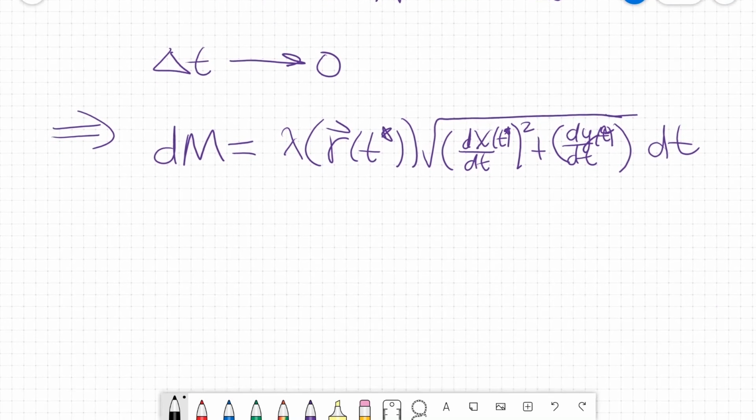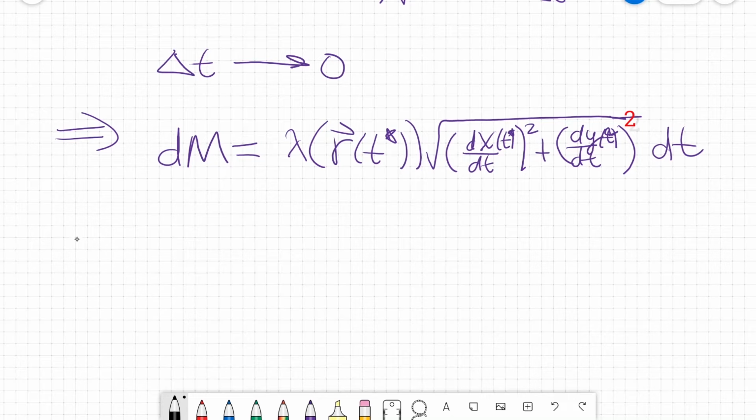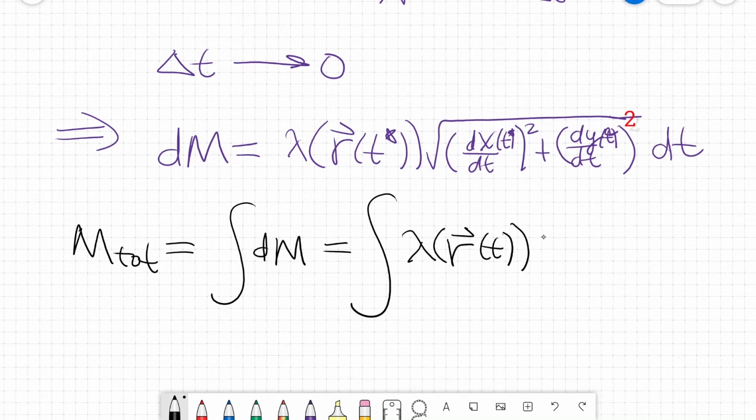How do we get all the masses? Well, we repeat the process, doing so for each piece of string. And we do so from the beginning of the motion to the time at the end of the motion.